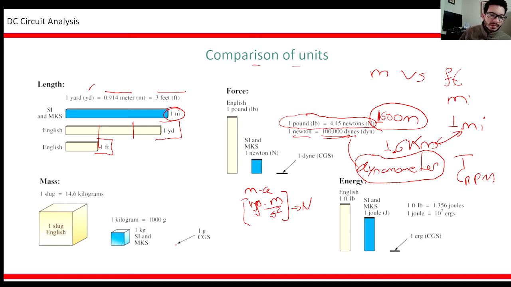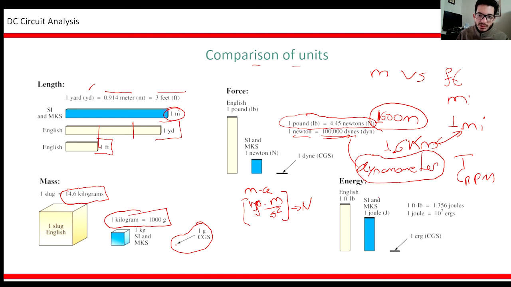Okay, then mass: the British unit is the slug, which is 14.6 kilograms, and the SI unit is the kilogram, which is 1,000 grams. So obviously a gram is 1,000 times lighter than 1 kilogram. But a slug is 14.6 kilograms or 14,600 grams.